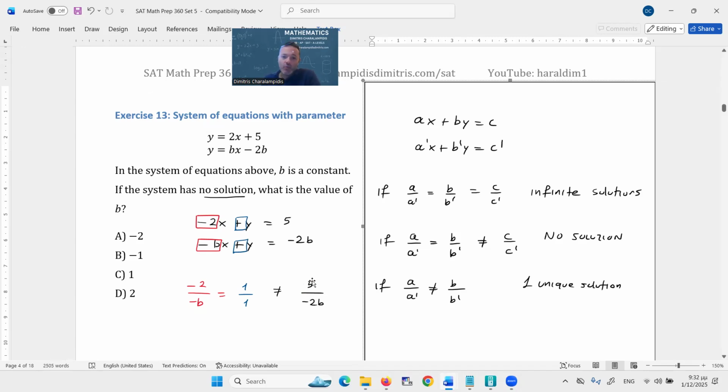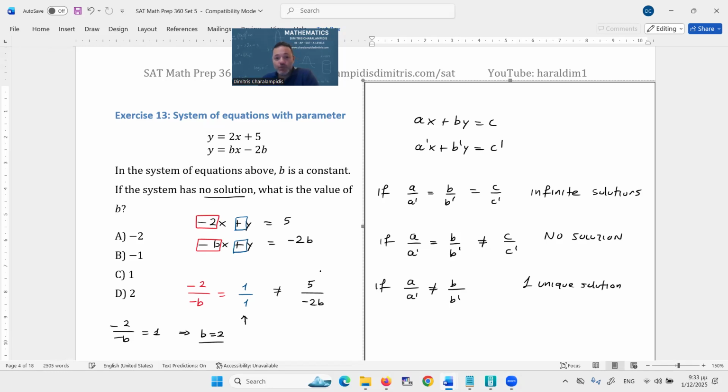Let's make them equal at first, and then obviously it's going to be different than 5 over negative 2b. We have a clear ratio here, 1 over 1. So this means that numerator and denominator should be the same. So minus 2 over minus b should also be equal to 1, which means that obviously b should be 2.